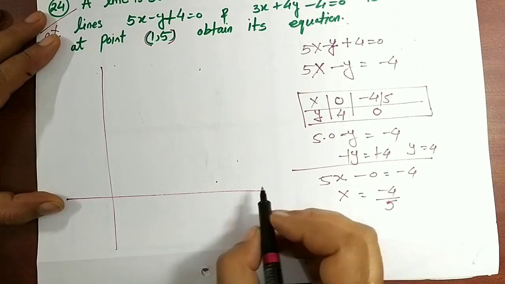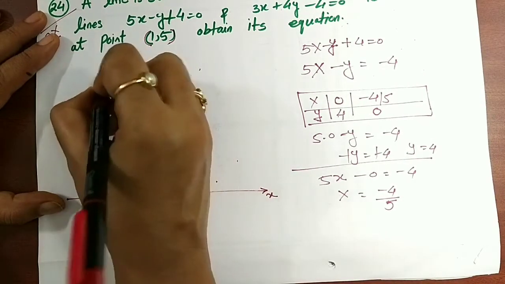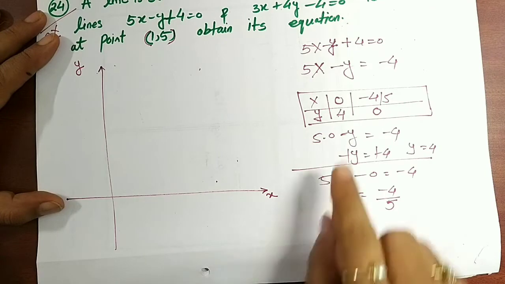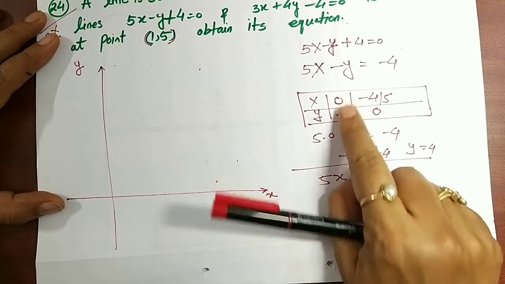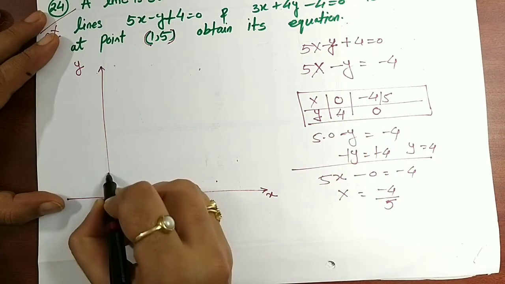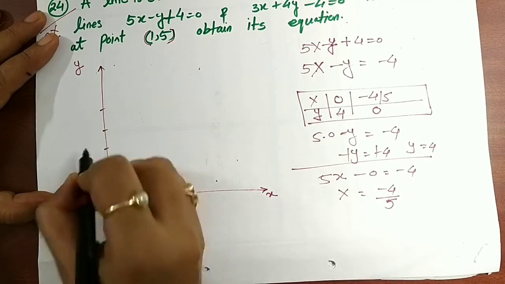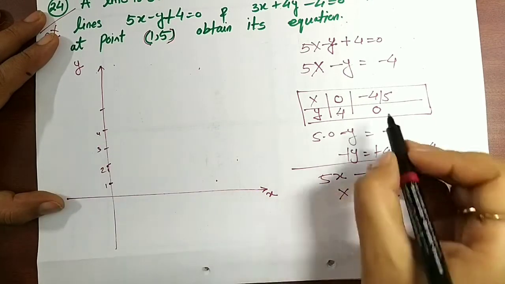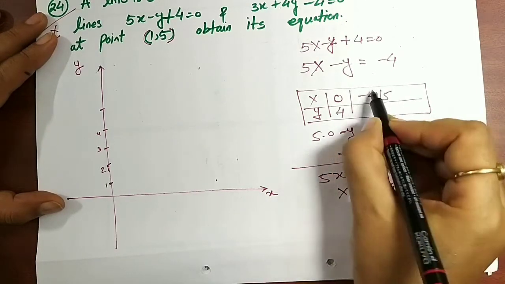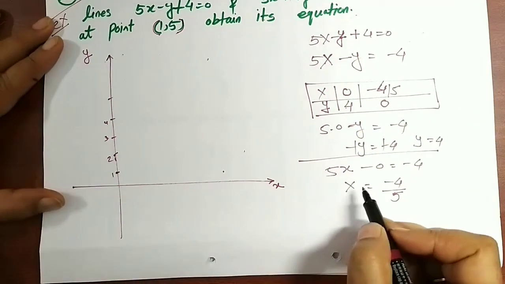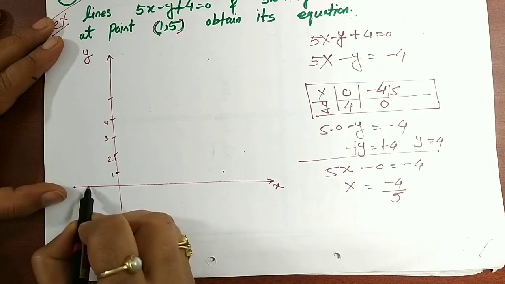If this is the x-axis and this is the y-axis, the first point is 0, 4. So 1, 2, 3, 4, suppose here. And here is minus 4 by 5 and 0. I am just showing roughly.